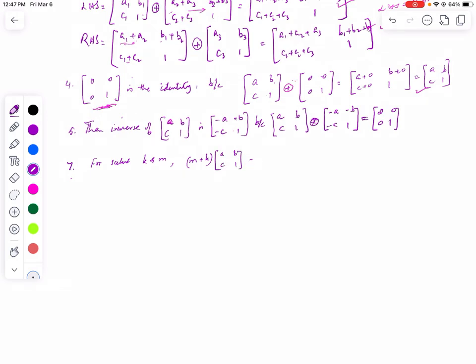We want to see is this equal to... I forgot the multiplication sign.